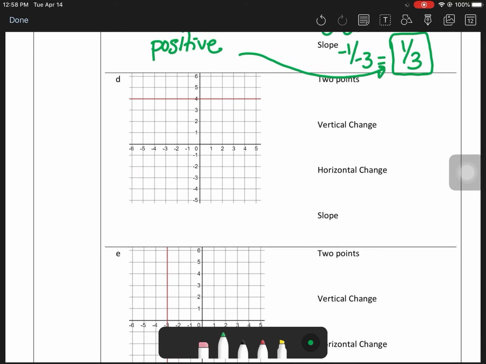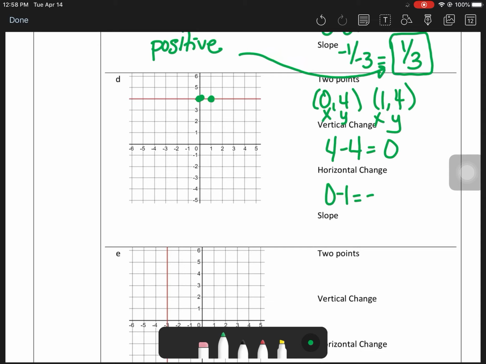Okay, next one, let's pick 2 points. I'll just pick this one and the one right next to it. So 0, 4, and 1, 4. Remember, this is my x and that's my y. I'm going to subtract my y values. We always subtract y first. 4 minus 4 is 0. And for the horizontal change, we subtract the x's.